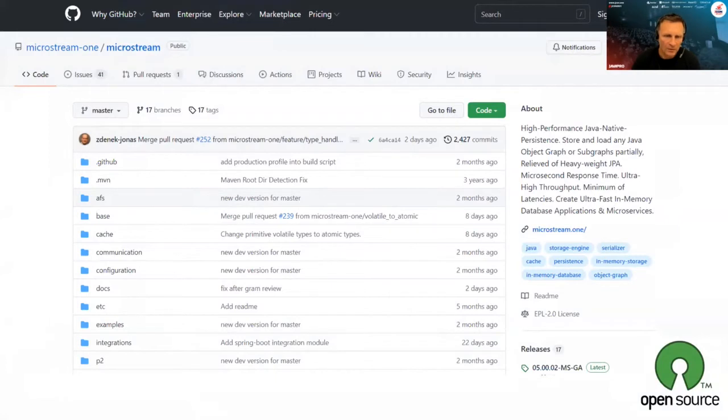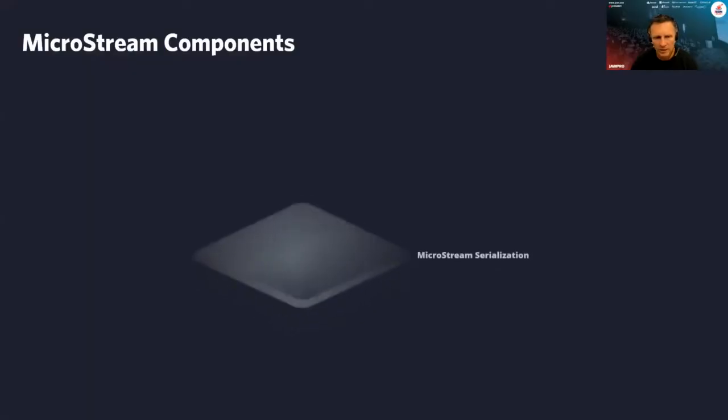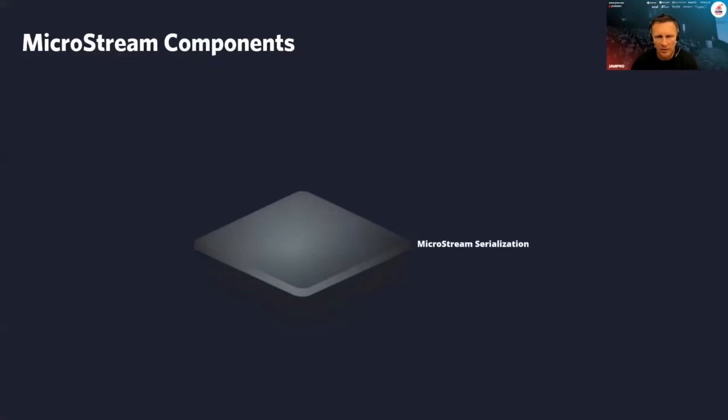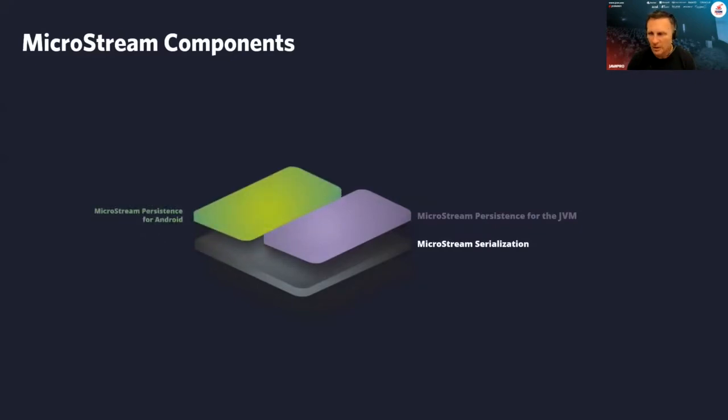With MicroStream, we deliver not only a serialization. What's in it? You get a serialization that was written from scratch, which means MicroStream is not based on Java serialization. On top of that, we have an implementation for the JVM as well as an implementation for Android.